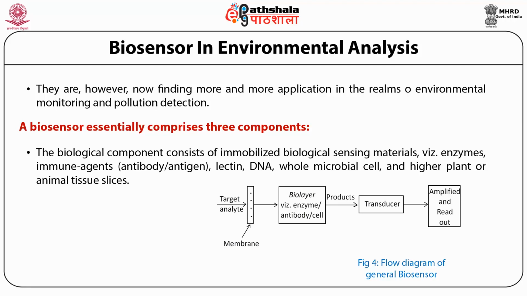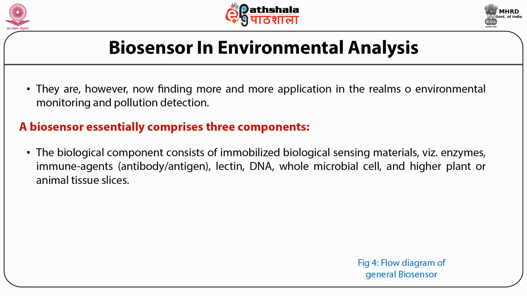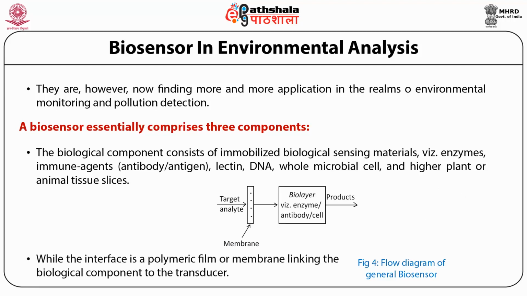The physical component is a transducing element which converts biochemical interactions into electrical or optical signal, and it could be made of platinum, gold or graphite. While the interface is a polymeric film or membrane linking the biological component to the transducer.